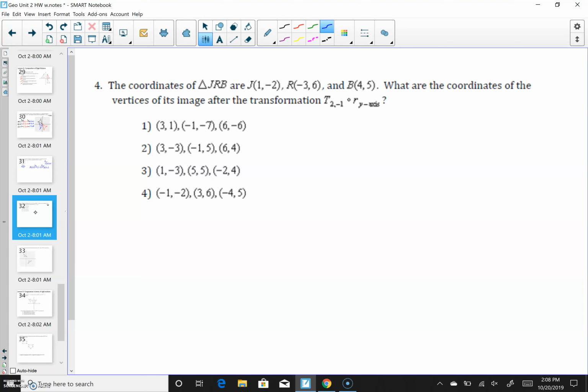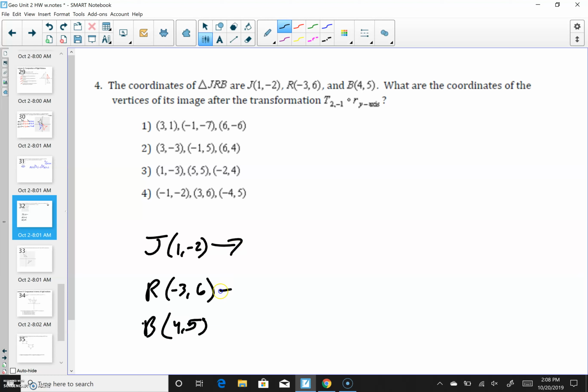We're going to do basically the same thing in number 4. We are just going to do it to an entire triangle now. So we'll start out with our original points, J (1, -2), R (-3, 6), and B (4, 5). So the first thing we want to do, again, we work from right to left, so we're going to do a reflection over the y-axis.